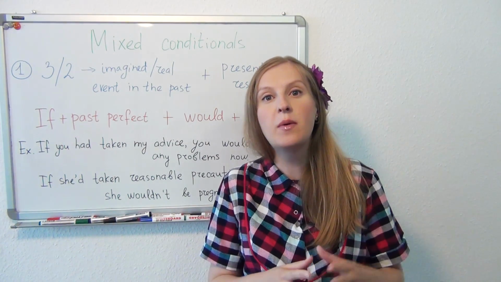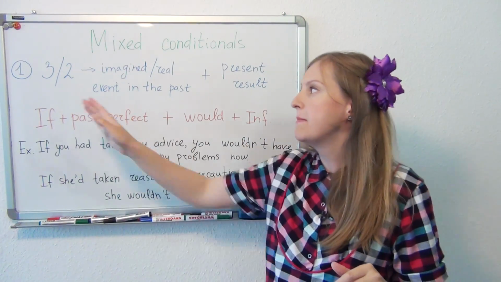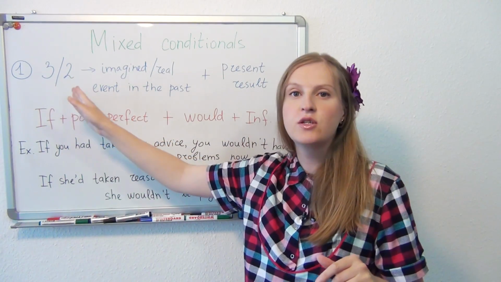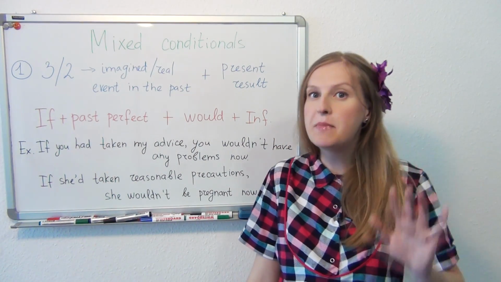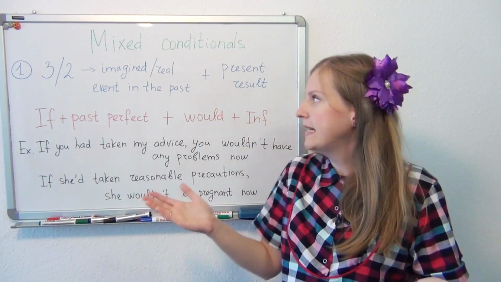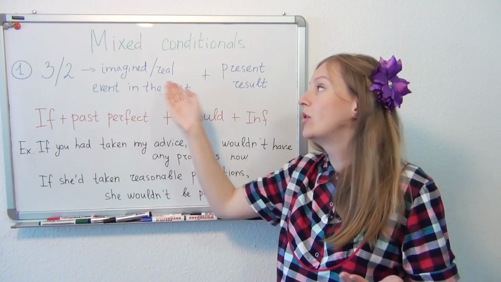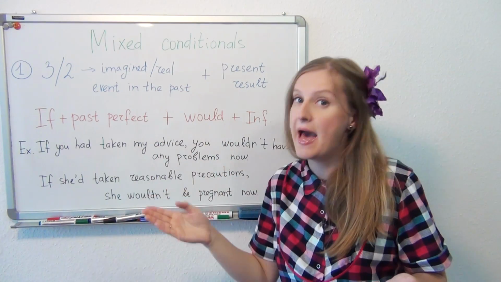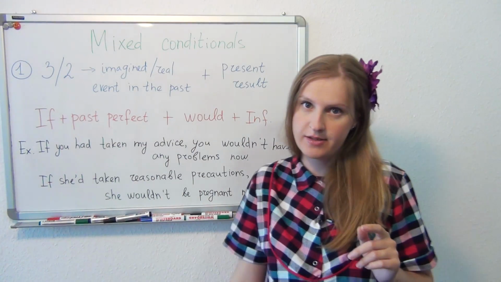Today we're going to talk about two constructions. The first one, mixed 3 and 2 conditionals, is extremely popular. It's much more popular than the second one. What is it? Here we talk about an imagined or a real event in the past and a present result.